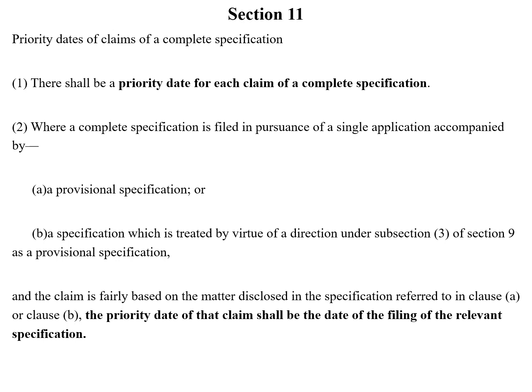So if you want to find out the priority date of a claim, find the date of filing of the specification in which that claim is written. This is the best way to find it according to this subsection.